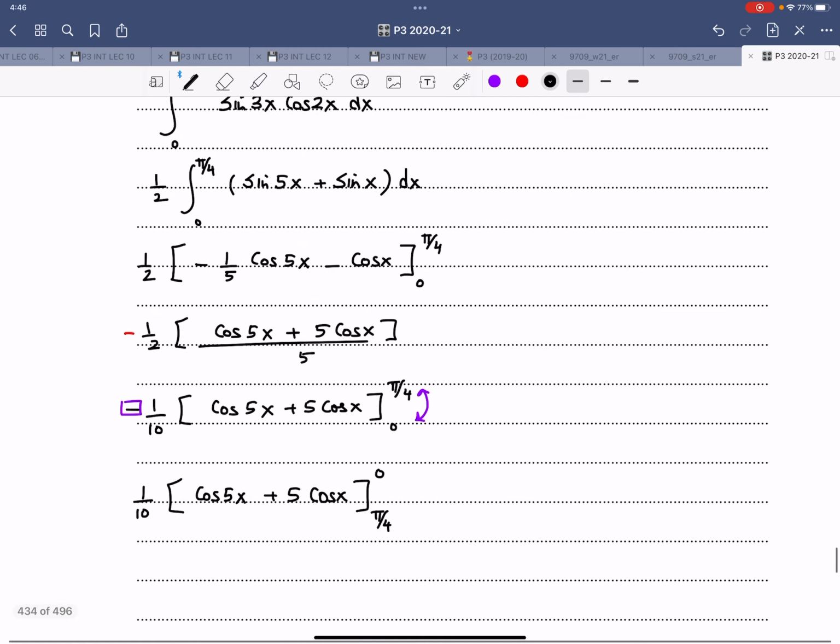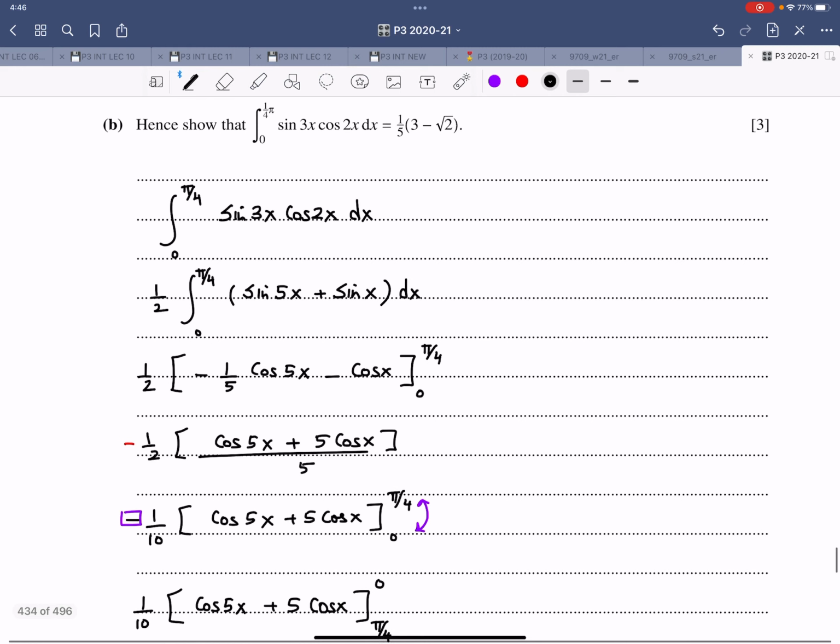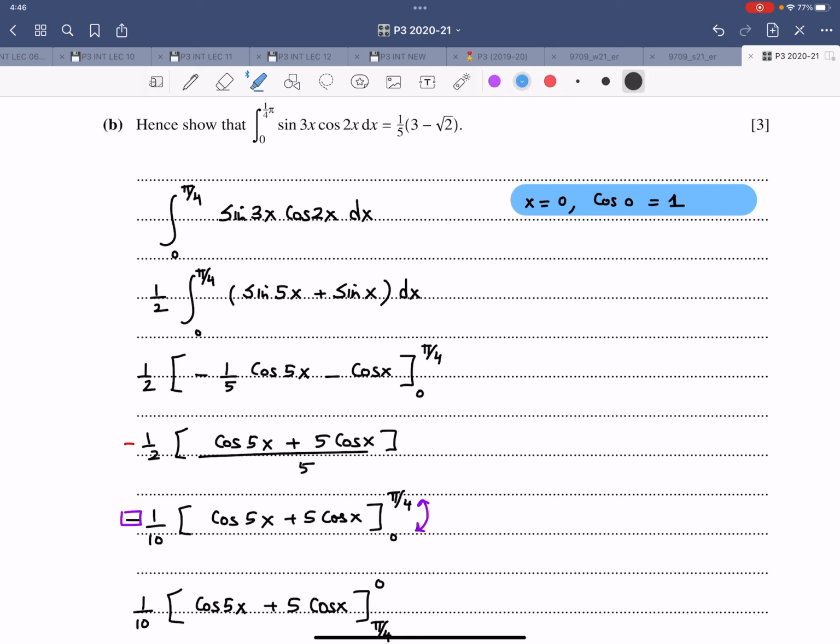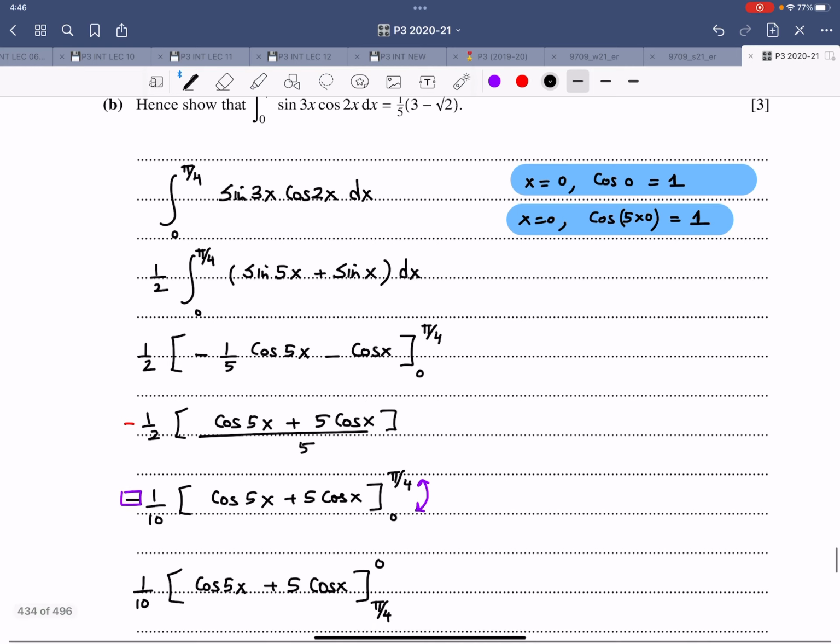Now let me write some important information on the sides. The important information is that when x is 0, cosine of 0 is 1. That's the first thing. Let me write the second piece of info. When x is 0, cosine of 5 times 0 is still cosine of 0, which is 1. So these two things are the same.